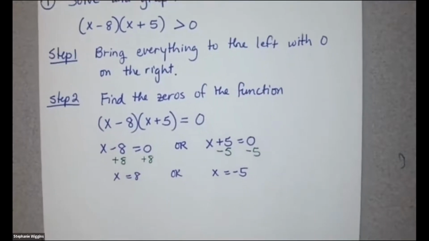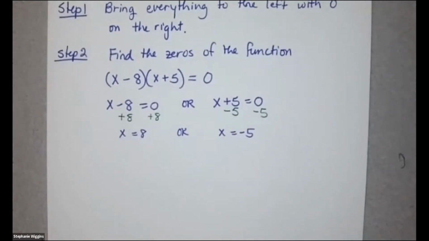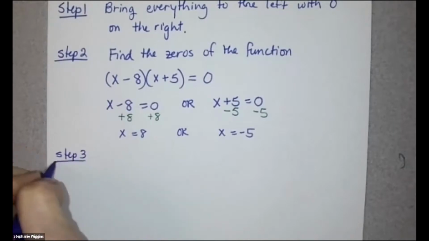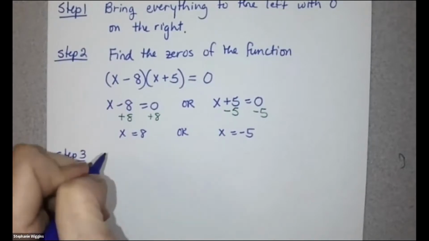So then the next step, step 3, is to plot the zeros on the number line.